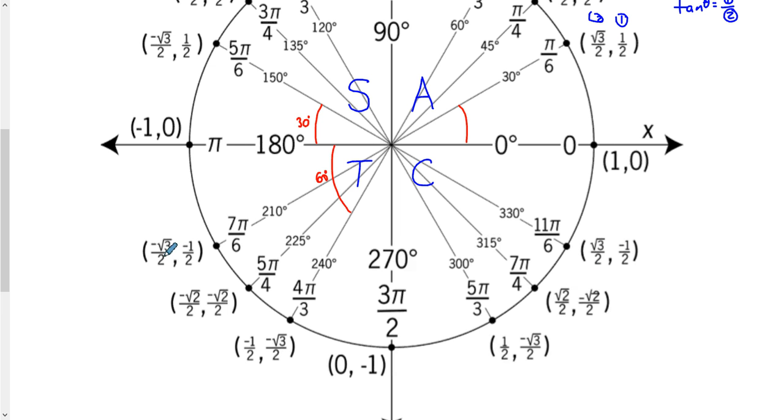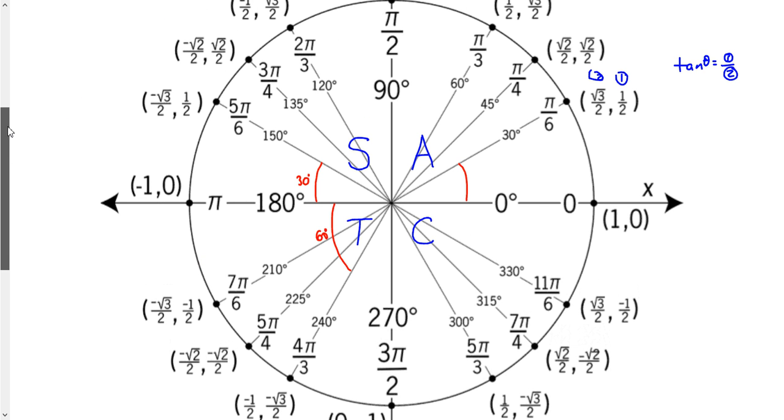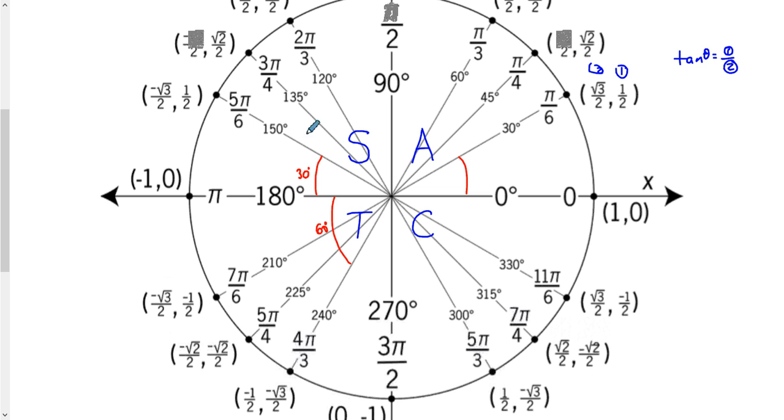Every single one of our points for a 45-degree reference angle, which means 45, 135, 225, and 315, all have √2/2 as both locations, but it depends on whether our cosine, our sine, tangent, or all of them are positive. And last but not least, obviously, our 60-degree reference angle.